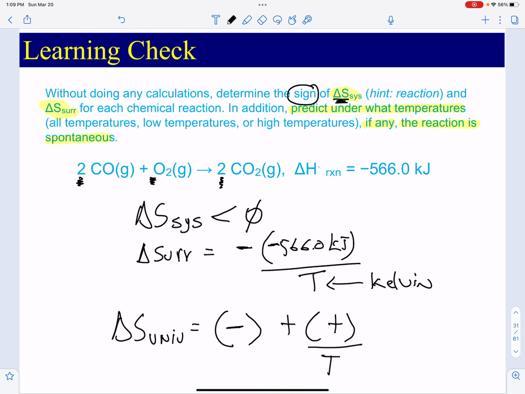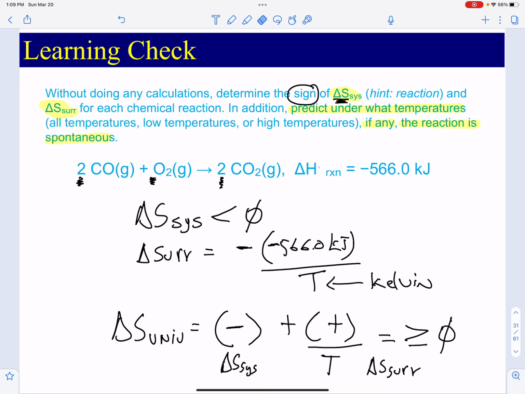So for this to be spontaneous, this has to be bigger or equal to 0. That's what spontaneous means, right? So delta S of the universe has to be bigger or equal to 0, and it's going to be a combination of the delta S of the system plus the delta S of the surrounding, which means that this temperature has to be a big number.